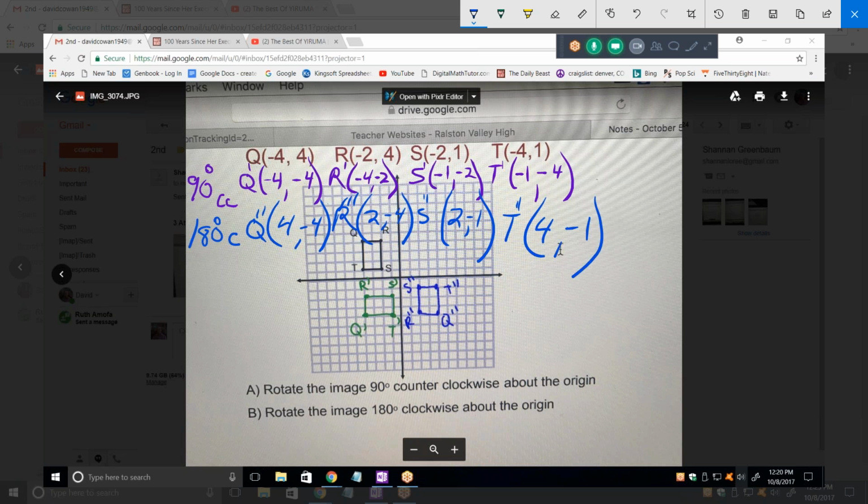Now, notice the pattern with the original. The blue rectangle is the black rectangle that's been rotated 180 degrees clockwise about the origin. Well, how did I do that? If I draw that line to the origin, 180 degrees means a straight line.